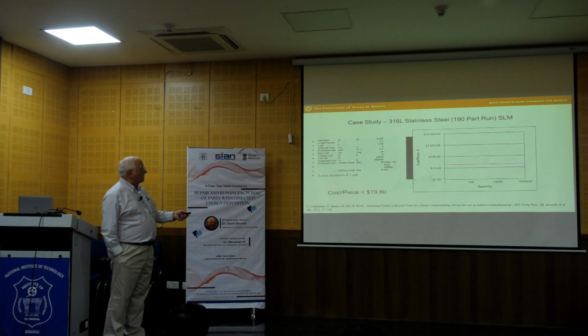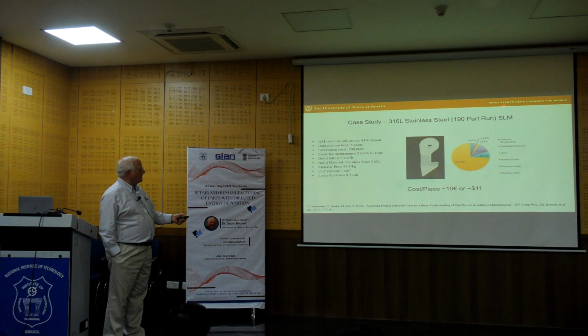And so then they have these other things that they include in their model. There's a little bit for preparation cost, the building process, fixtures, the oven, where I guess they do a stress relief. And then they have the material cost in there, post-processing and machine cost. So here the preponderance of the cost is the machine cost.